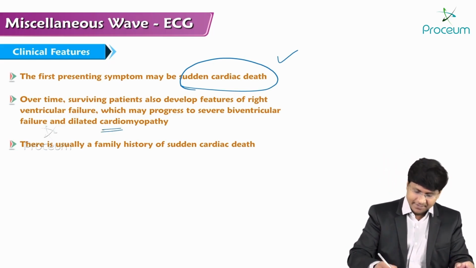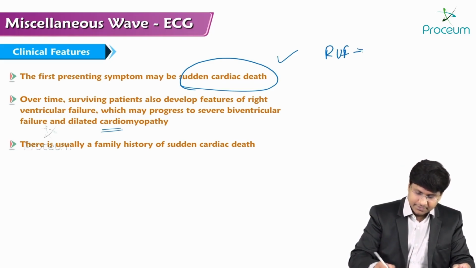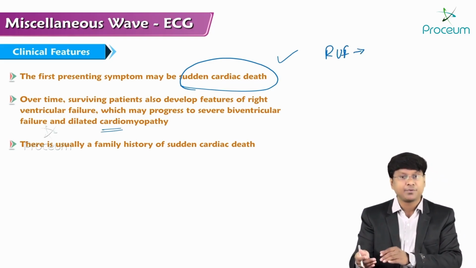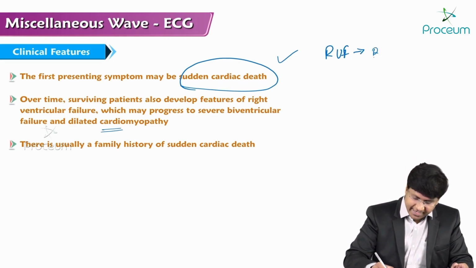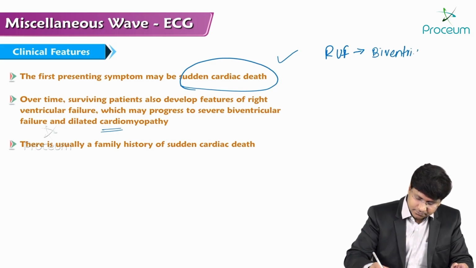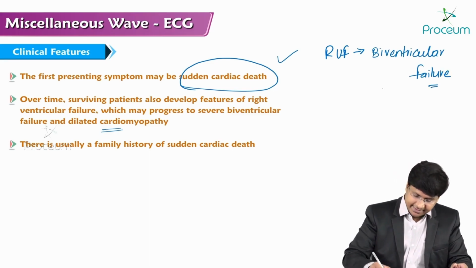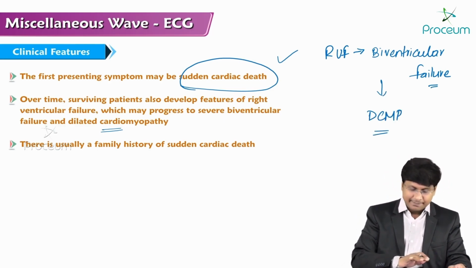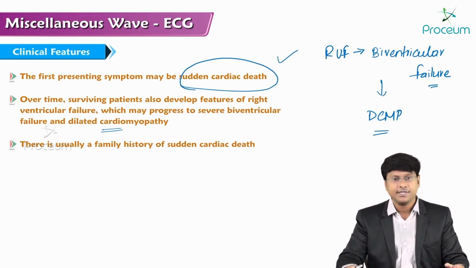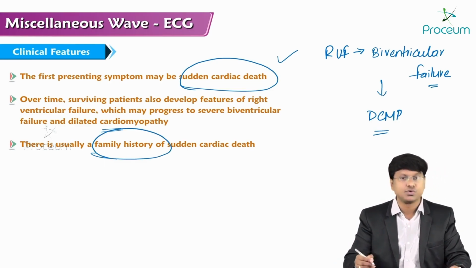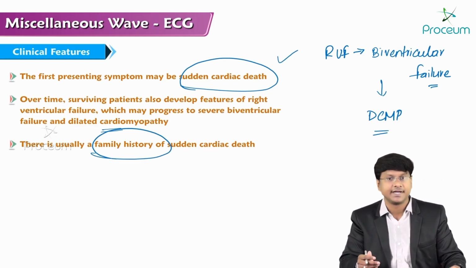So initially there will be right ventricular failure, and gradually it may progress to biventricular failure, and then finally the individual will land up in dilated cardiomyopathy. So this will be the progress of the disease. And not only that, there can also be a family history of sudden cardiac death.